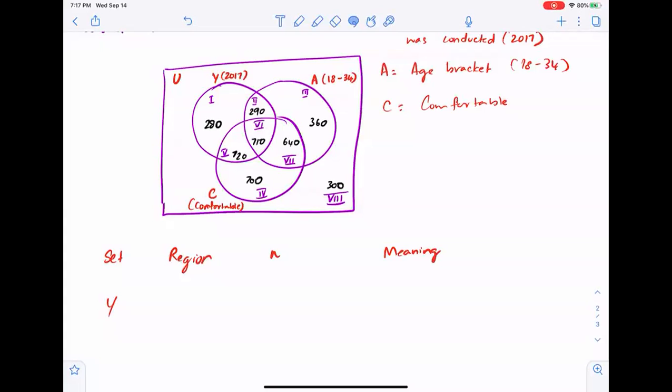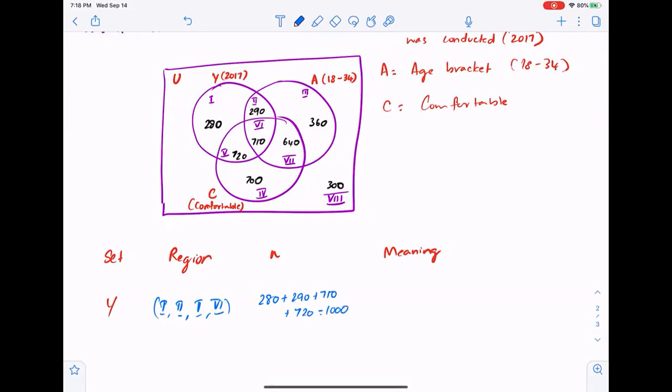So the region or regions corresponding to the set Y will be 1, 2, 5, and 6. The number or cardinality of that entire set would simply be 280 plus 290 plus 710 plus 720.